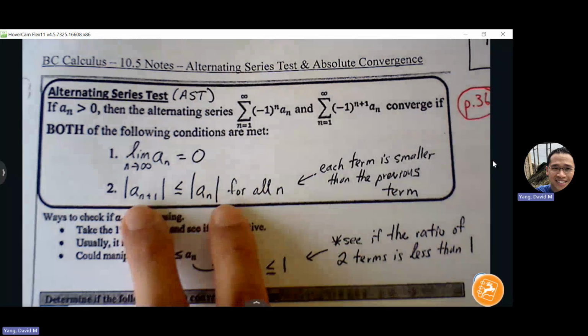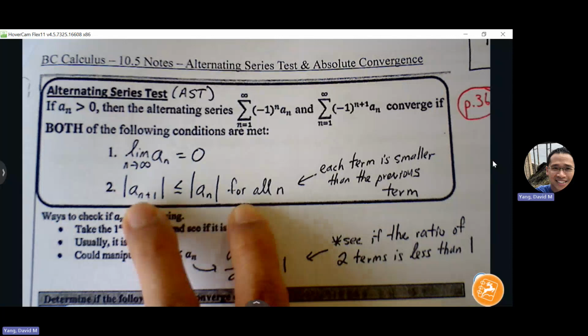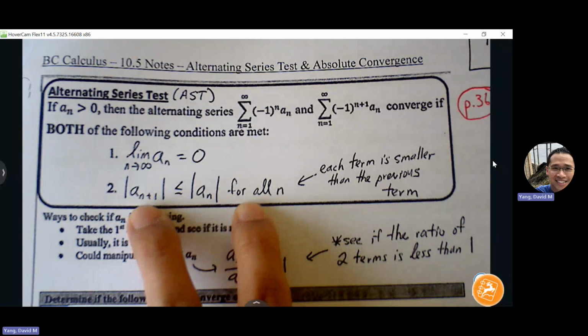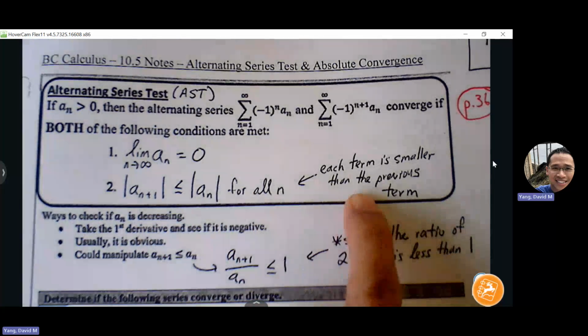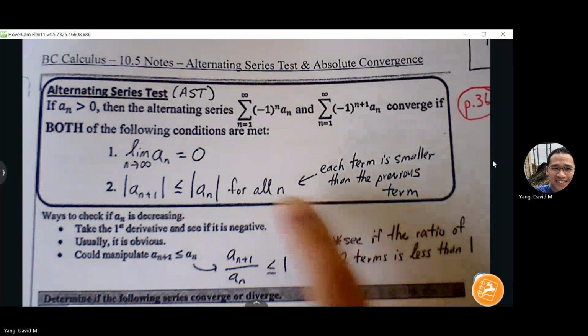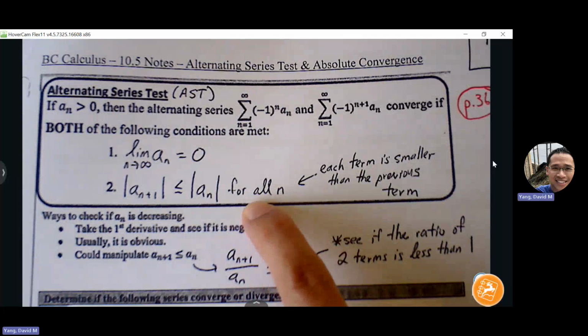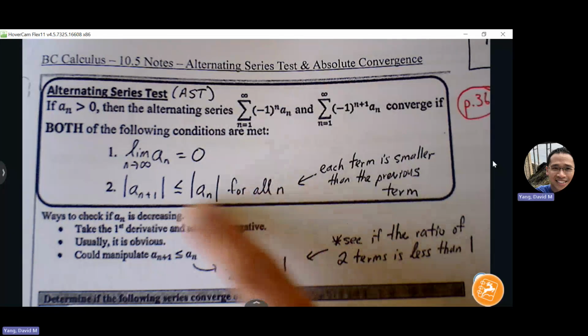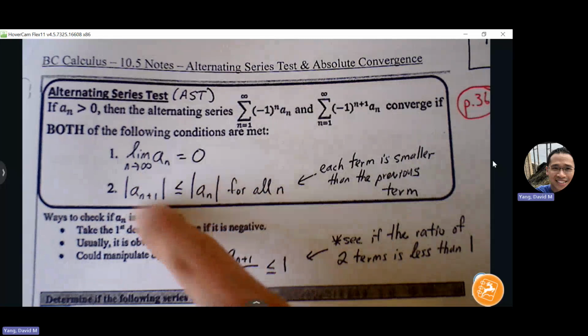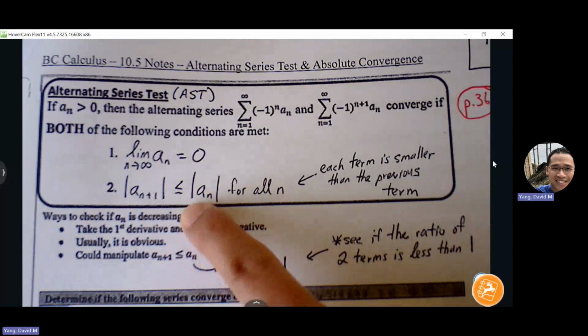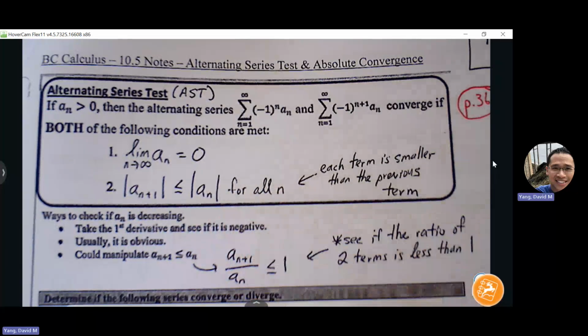We just have to understand that there is technically a second condition. It just says that each term is getting smaller than the previous term. It just means that the absolute value of a sub n plus 1 is less than or equal to a sub n for all n values.